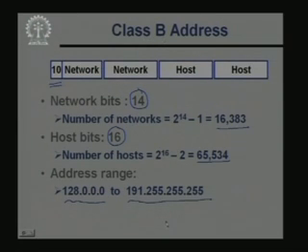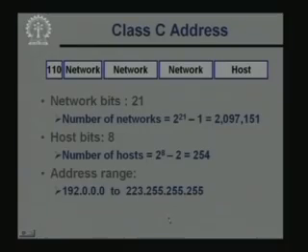Now, class C networks represent the ones which are smallest in size. For most purposes, class C networks are sufficient for our purpose. There the number of computers or hosts in a network can be up to 254. Now, let us see the breakup. Here the address starts with 110 in order to distinguish it from class A or class B. The next 21 bits represent the network, and the last 8 bits represent the host.